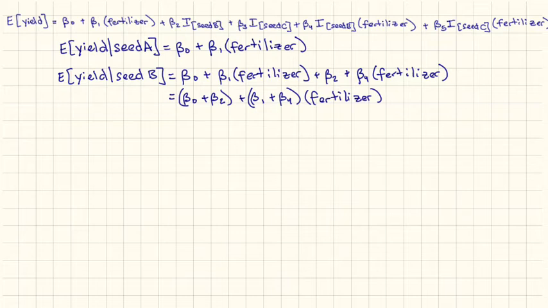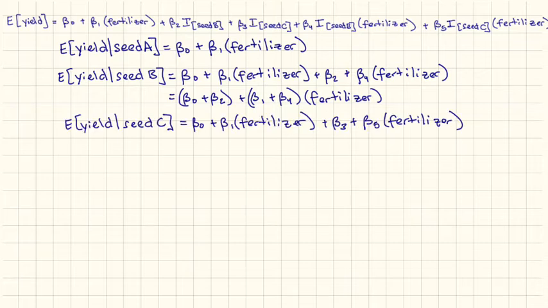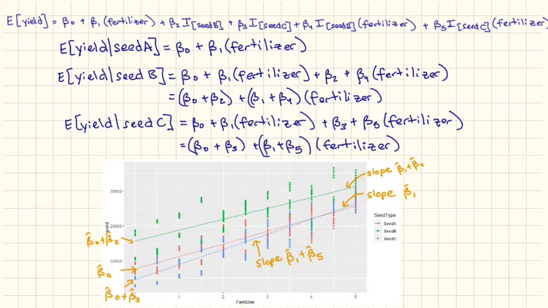Beta 4 is the difference in slope between seed A and seed B. So it's the difference in the effect of fertilizer. That's why it's called an effect modifier. For seed C, same thing. So now, looking at the plot of these models, you can see that the slope is different for different seed types.